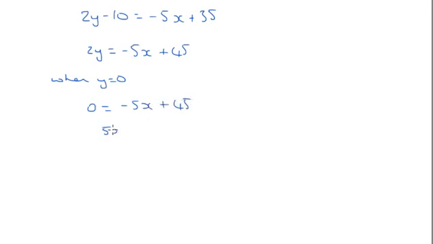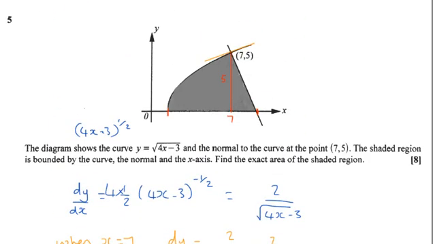So 5x equals 45 and x equals 9, which looks about right from the picture. So this value here is 9. So we can now find the area of that triangle. Let's call that area B and this area A.